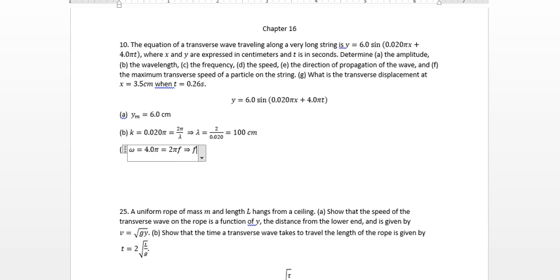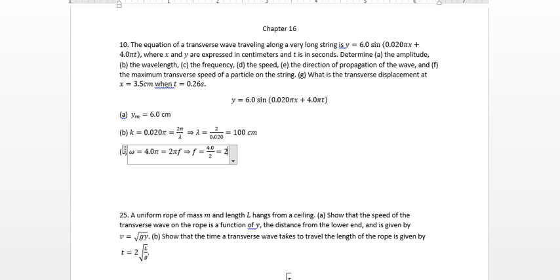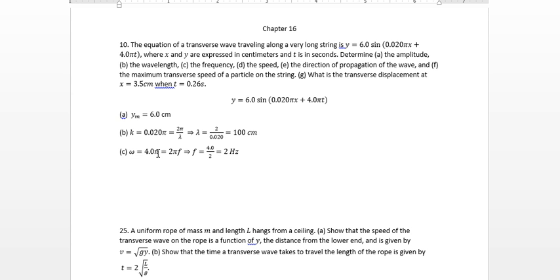This means the frequency is 4.0 over 2, which is 2 hertz, 2 per second. Okay, that's the frequency.